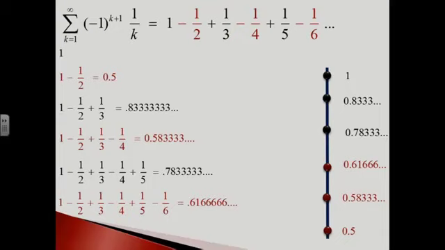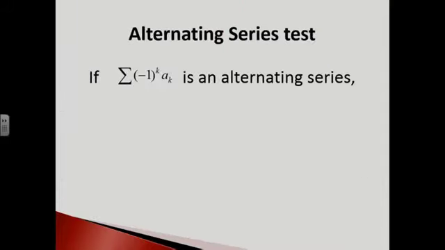In general, the fact that the limit of a_k as k tends to infinity equals 0 tells us very little about the convergence property of the series sigma a_k. However, an alternating series must converge if the absolute value of its terms decreases monotonically towards 0. This result may be stated as follows.